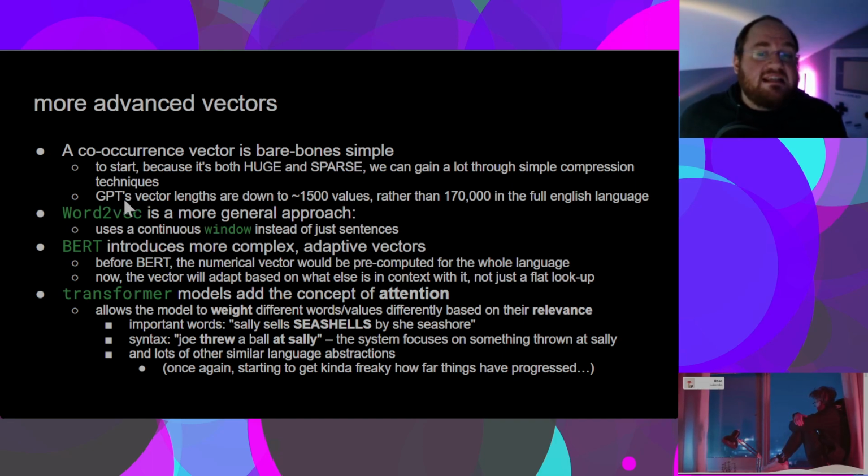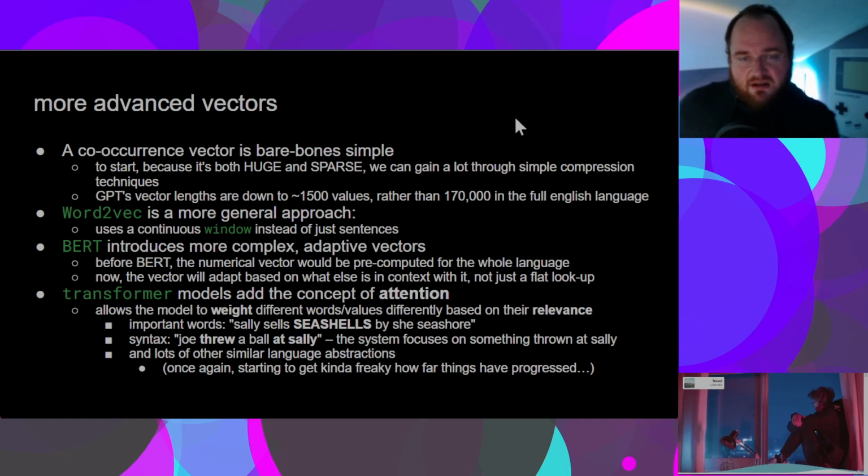For example, GPT's vector lengths are down to about 1,500 values versus the 170,000 values you would need for the exact, complete English language. They do this through a lot of other kinds of processing that we won't get into here, but the idea is you can capture rich semantic values in fewer dimensions than you need for the entire English language.